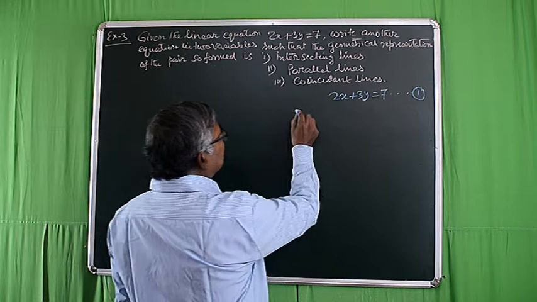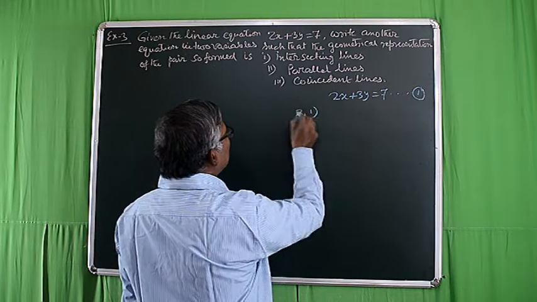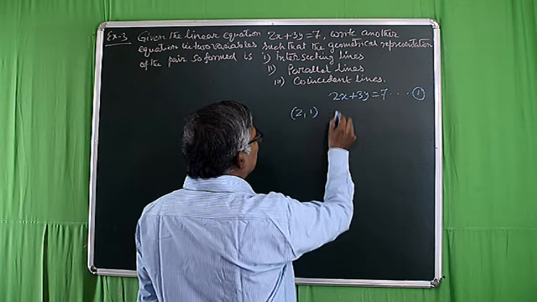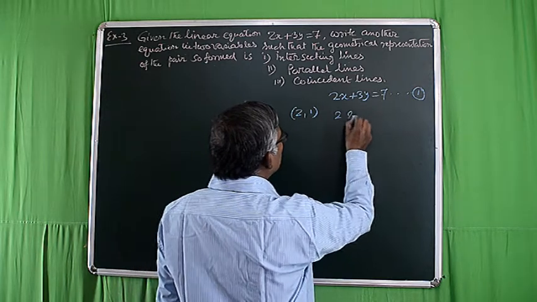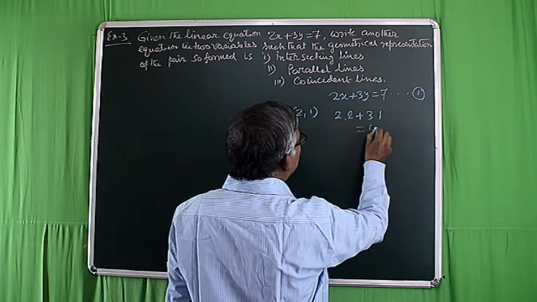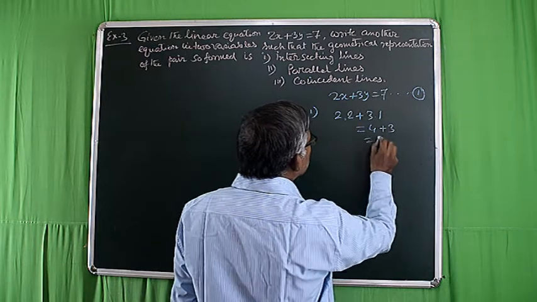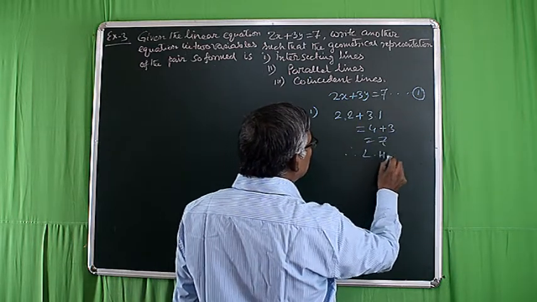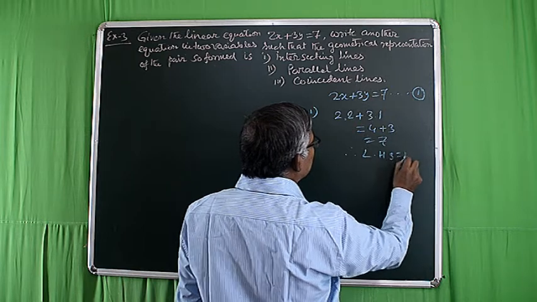Here see the point (2, 1) lies on 1, because if we put 2 into 2 plus 3 into 1, this equals 4 plus 3 equal to 7. Therefore we see left hand side equal to right hand side.